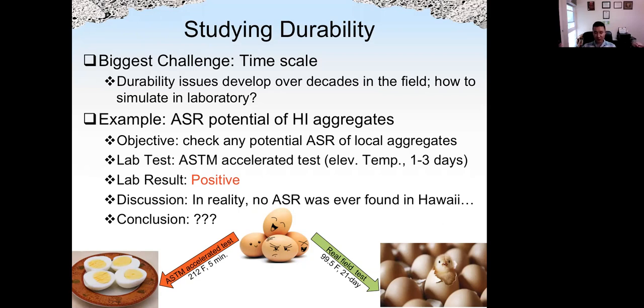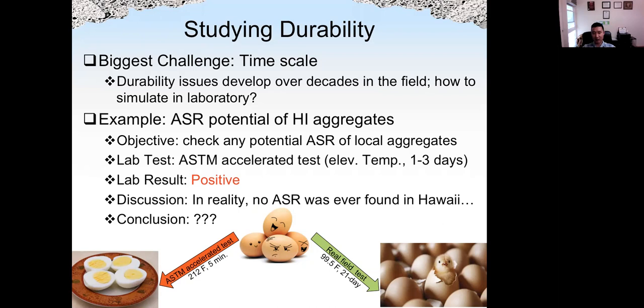So we measure the change of length in the mortar bar. Above a certain level of expansion, we say the aggregate is not good for ASR. We did some of these tests for some of our local aggregates, and we found the expansion above the certain value, so we say we cannot use the aggregate.